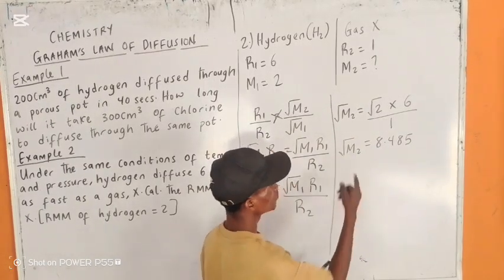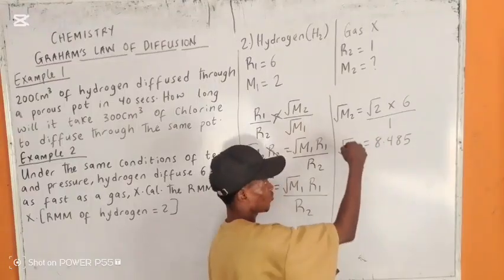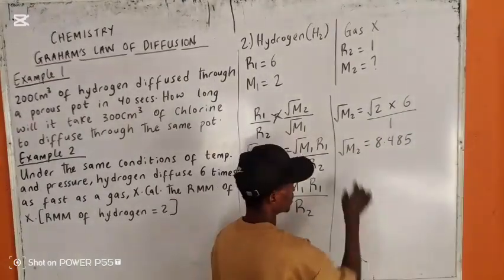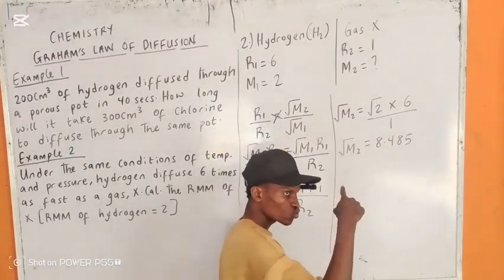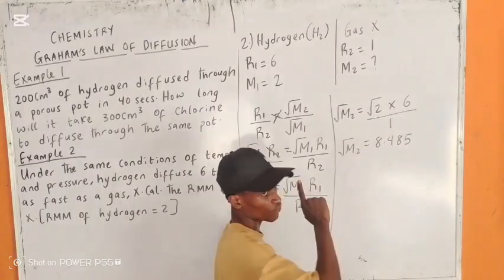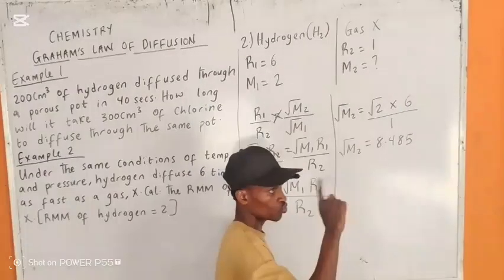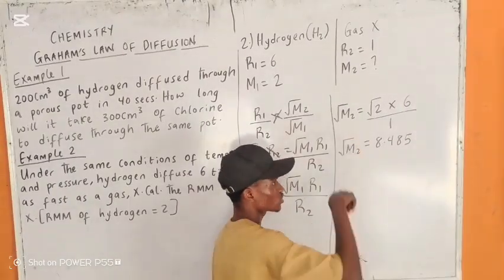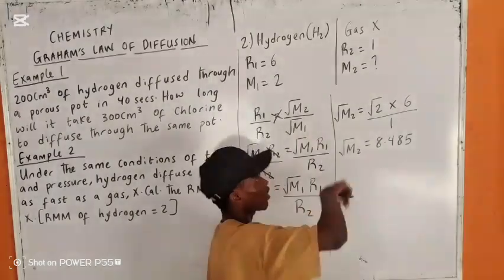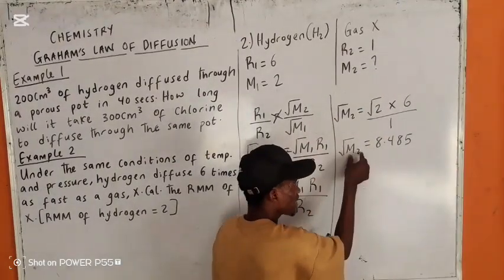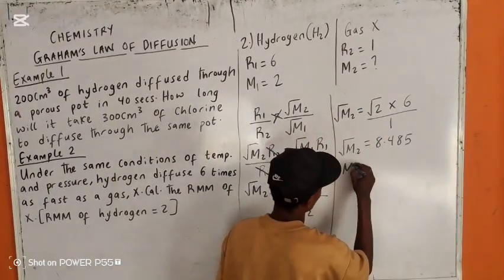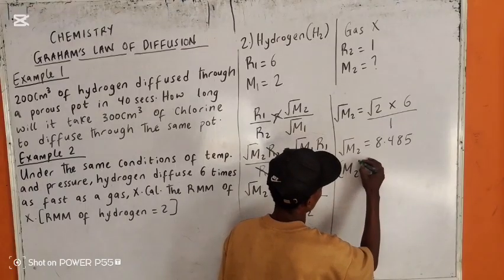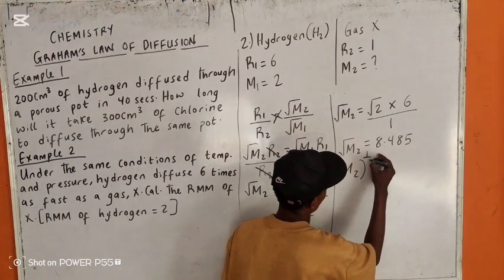Anything having a square root is raised to the power of half. So we can rewrite this as M2 raised to the power of half.